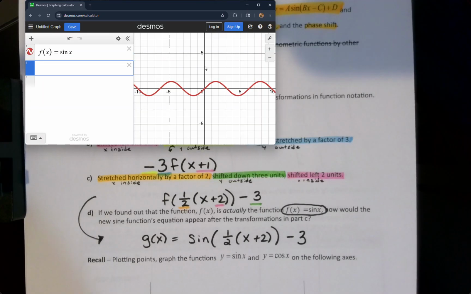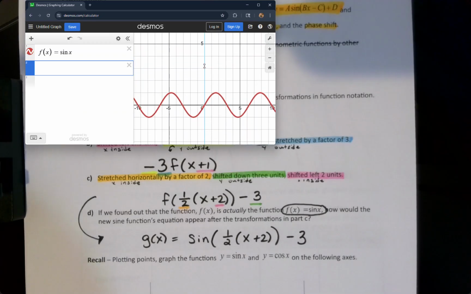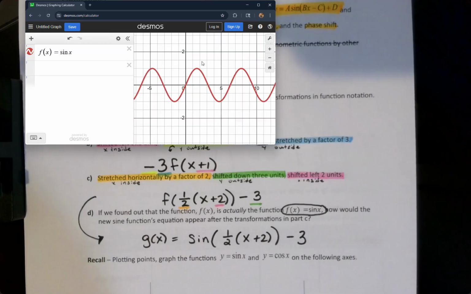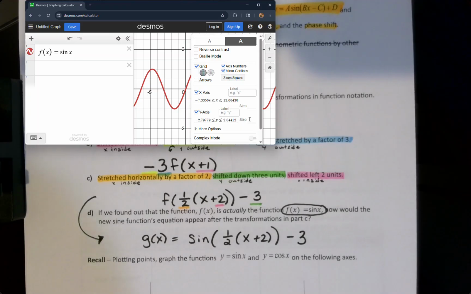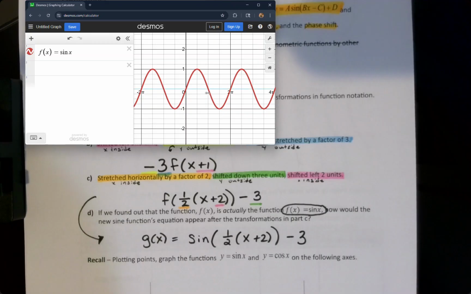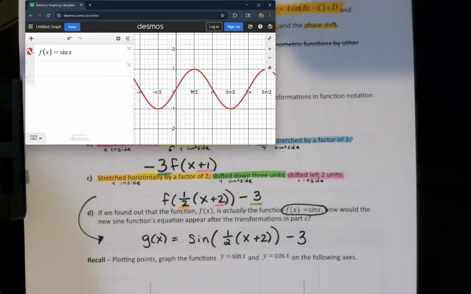Let's do a little rescaling on this because we know that the maximum height for the sine x function is -1 to 1. So let me change the step right here to be by 1. And then the steps on the x-axis need to be in terms of pi. So let's do a pi halves indicator right here, and just zoom this out a little bit. There we can see pi halves, pi, so on, so that we can see our graph properly graphed in terms of good numbers for input and output.